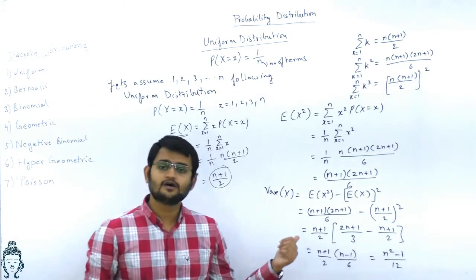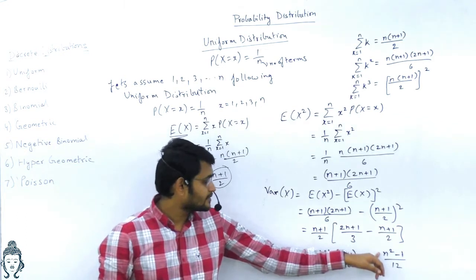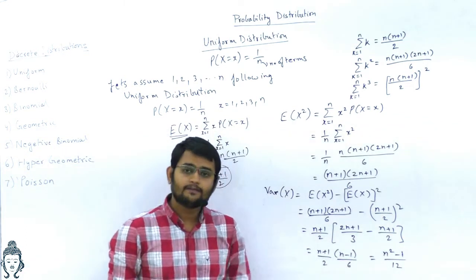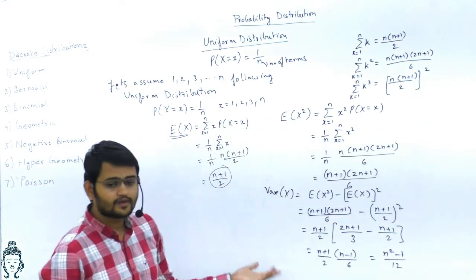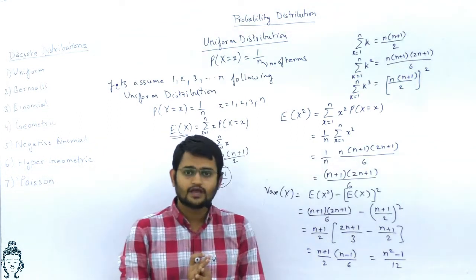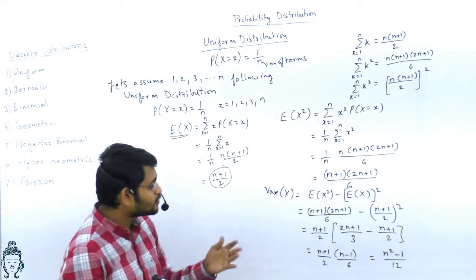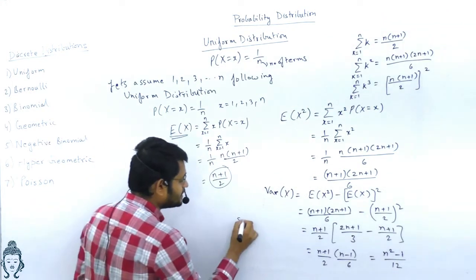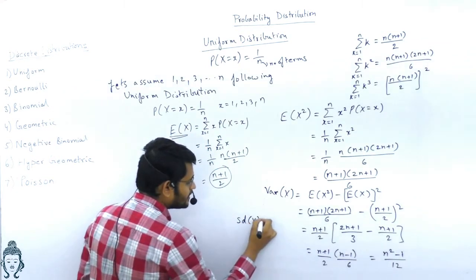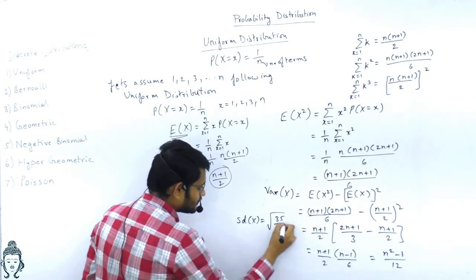Now for the same example of a dice, if my n is 6, I am getting 35 by 12. Now this 35 by 12 signifies the variance of our particular value. So if I take root of it, I am going to get standard deviation of x as nothing but under root 35 by 12.